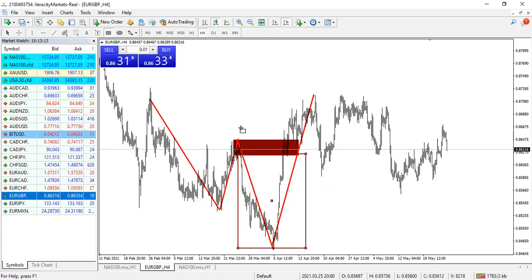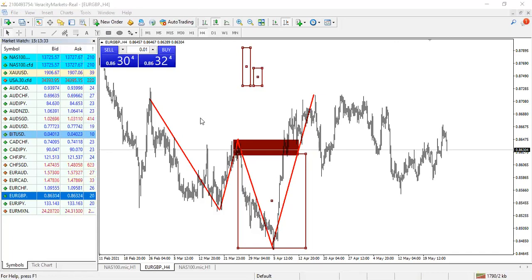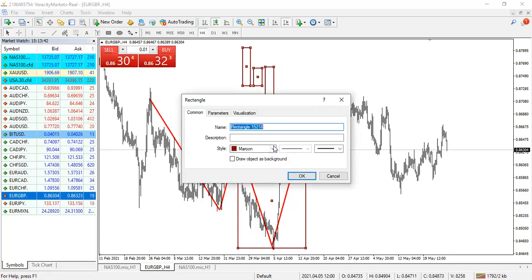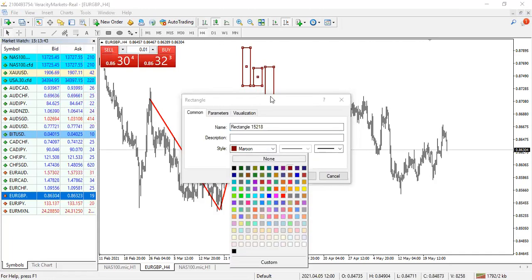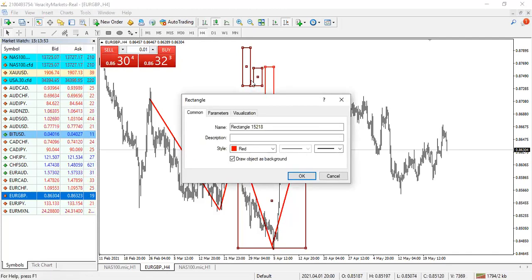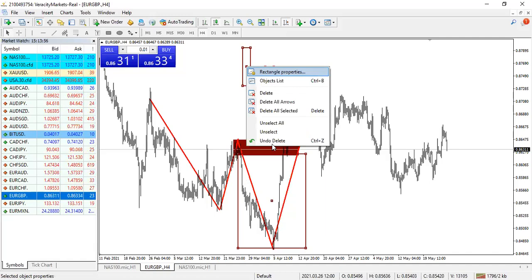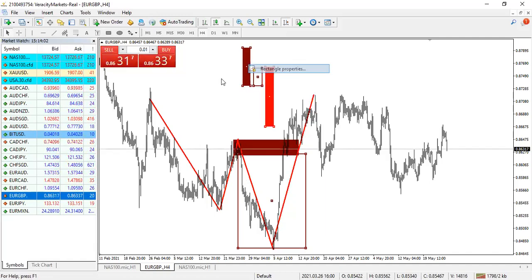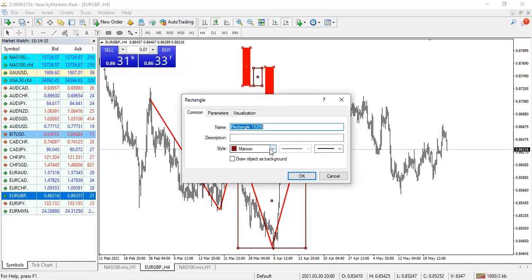Within the head, we'll look for something like this.